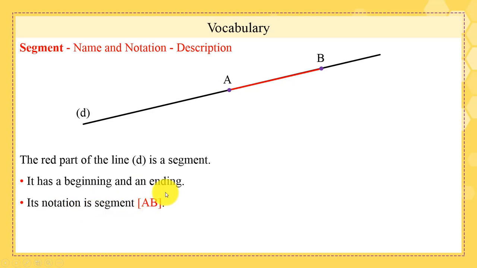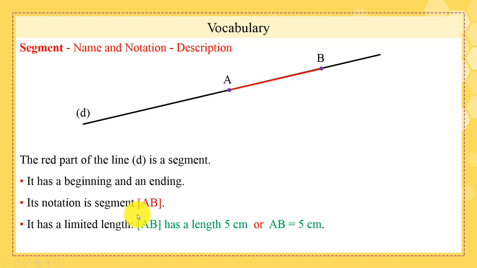We take the name of these 2 points and put them inside brackets. So this is the notation of segment AB. It has a limited length. Segment AB has a length 5 centimeters, or AB equals 5 centimeters. The length from A to B is 5 centimeters.